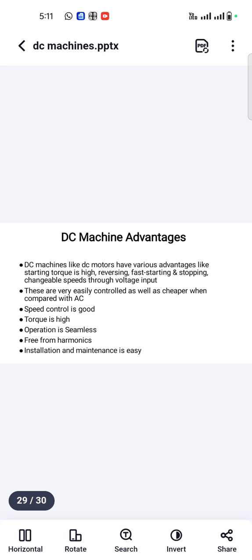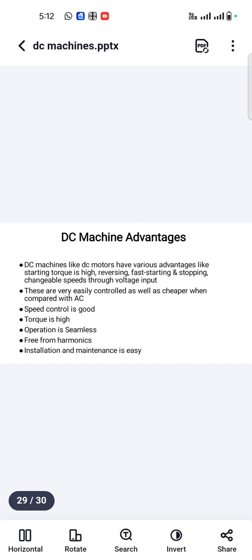Okay, these are very easily controlled as well as cheaper when compared with AC. Speed control is good, torque is high, operation is seamless, free from harmonics. Harmonics, that is distortion or disturbance. Okay, installation and maintenance is very easy. Okay, these are about DC machines.